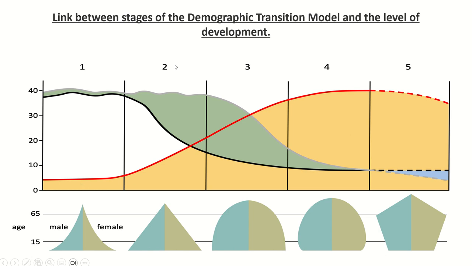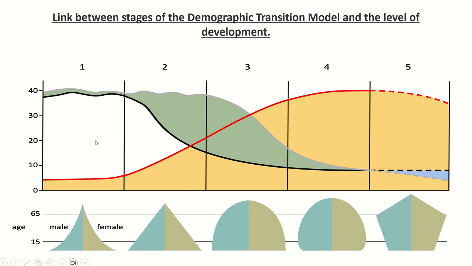However, in stage 2, and this is where we start to get our LICs coming through, the birth rate remains really, really high. The birth rate is still really high in stage 2 because the majority of women in particular are not being educated, they're not working in employment, they're still having large families. There may be limited access to family planning facilities and contraception.